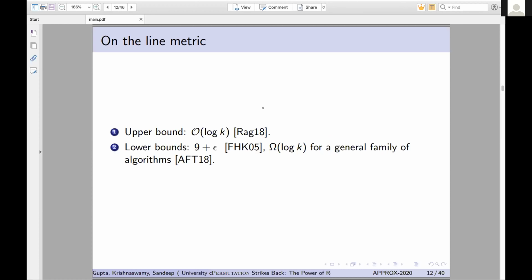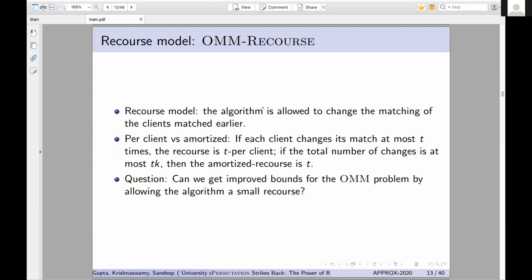So in this work, we go to a different, relaxed version of the problem where we add recourse. In the original setting, when a client arrives and you match it to a server, you cannot change the matching. But now we allow changing it, matching it to a different server later when a new client arrives.